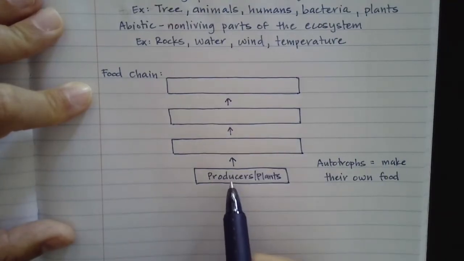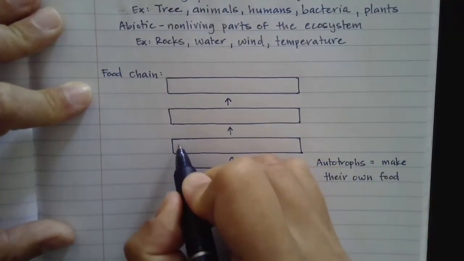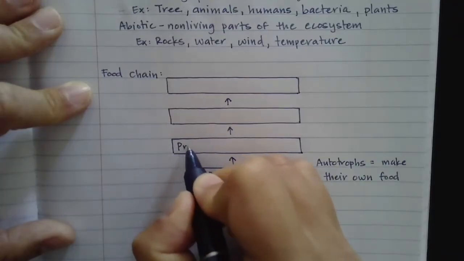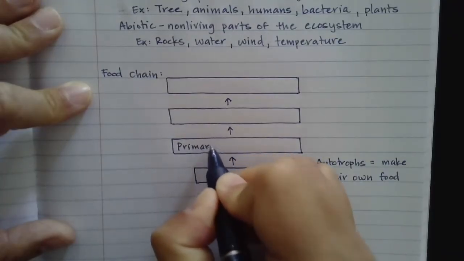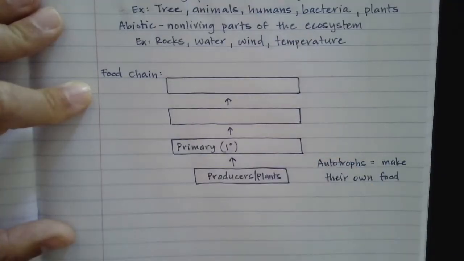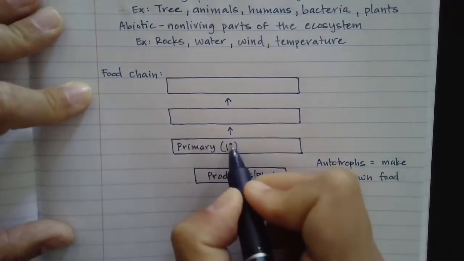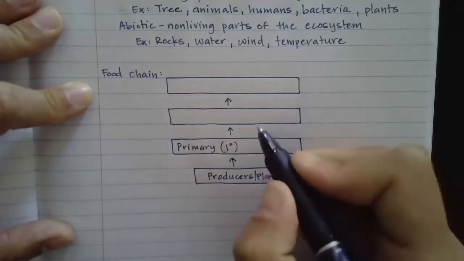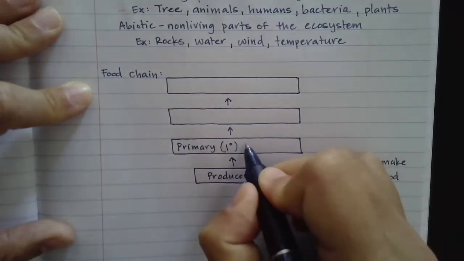They are eaten by primary consumers. And a way of abbreviating primary is to write a little 1 and then this degree-ish symbol. That means primary, and these are consumers.